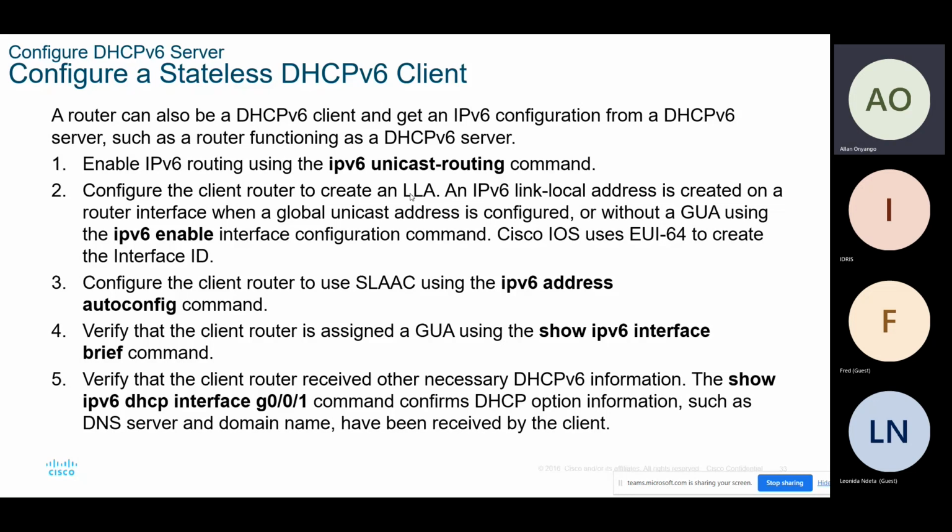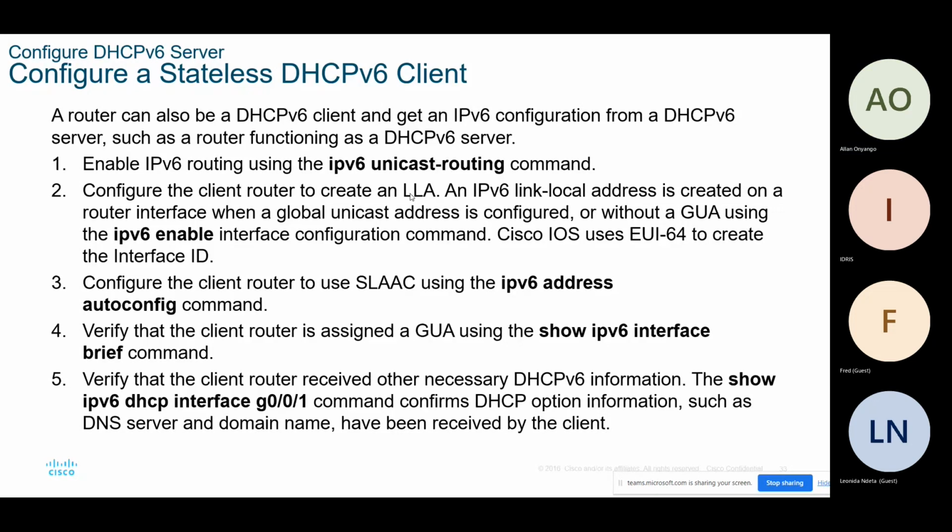So for IPv6, you go to the same interface that needs to acquire an address, and you say ipv6 address autoconfig. Very important. Then you can verify the client router using show ipv6 interface brief, and you'll find an address there.